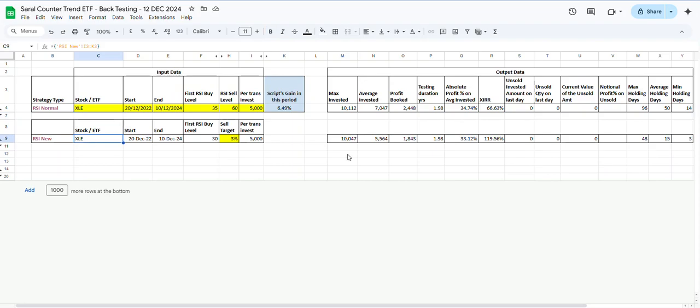XLE in the new system gave 2 buys, you had to buy a maximum of 2 times, with a 3% profit target. The index gained 6.5%, you gained 33% with 119% XIRR with average duration of 15 days, max duration of 48 days.